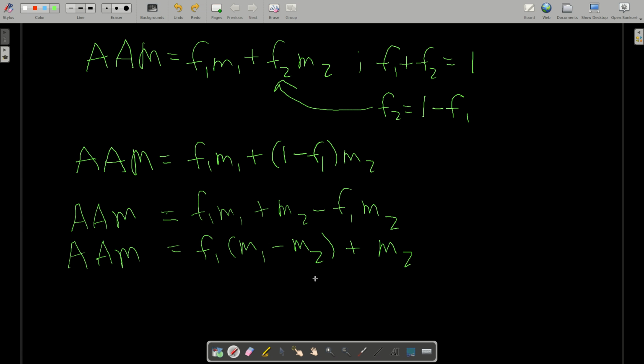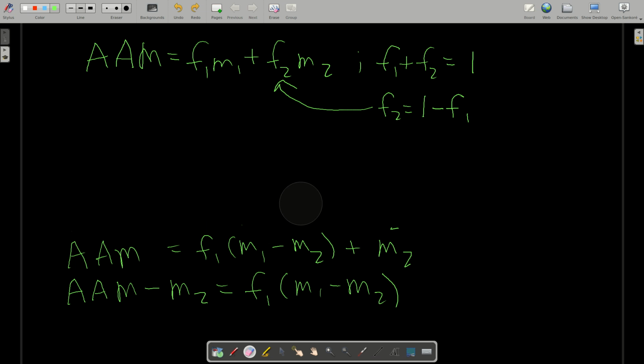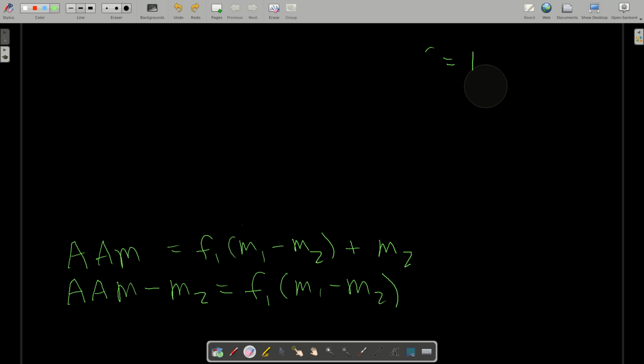Next, I'll get F1 by itself on one side, everything else on the other. Now I'll take this and divide both sides by M1 minus M2. We get our equation.